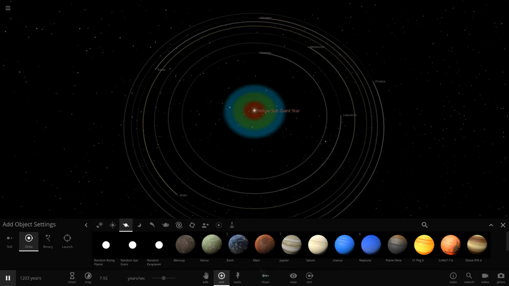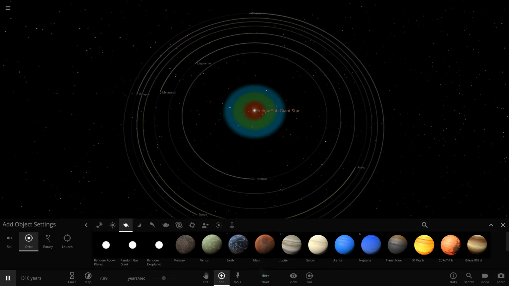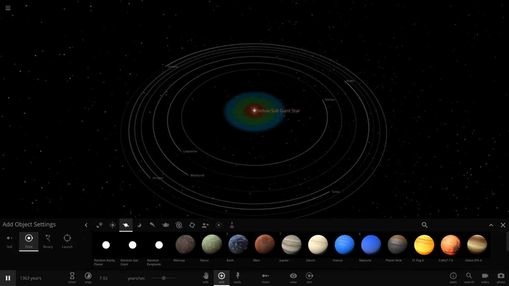And I'll tell you something, you do not want to be around this star when it has a mega flare. They're not very prone to mega flares, but when it does have one, it will be horrendous. It will absolutely vaporize everything around it.